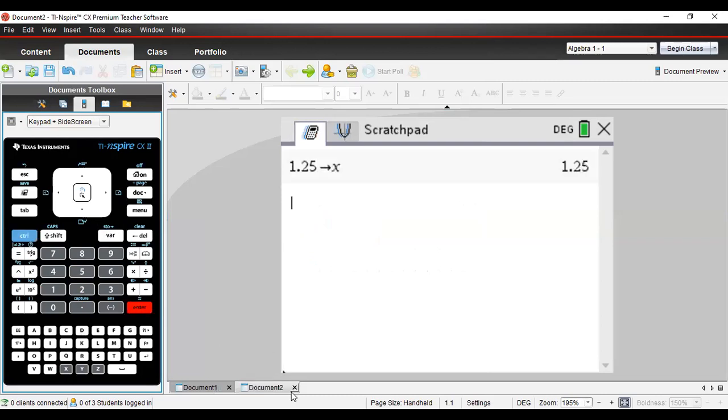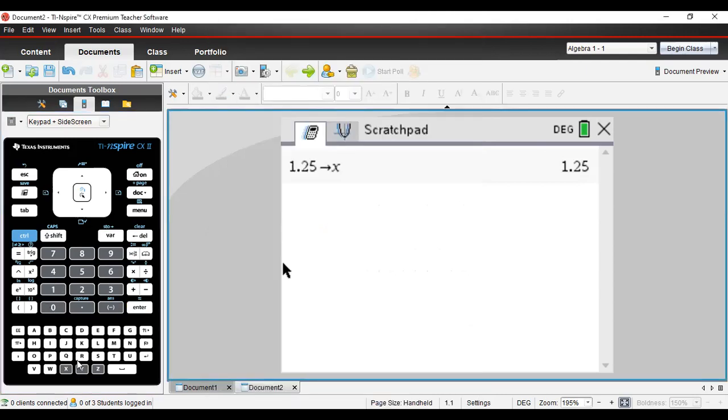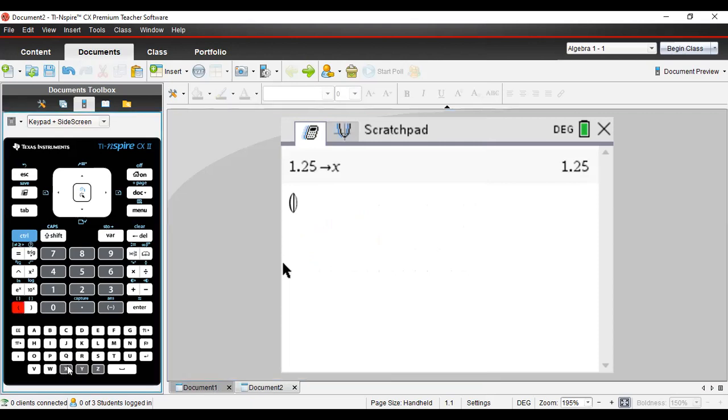Bam. Now I'm going to look at a squared plus b. So what I'm going to do is parentheses x plus 5 squared.